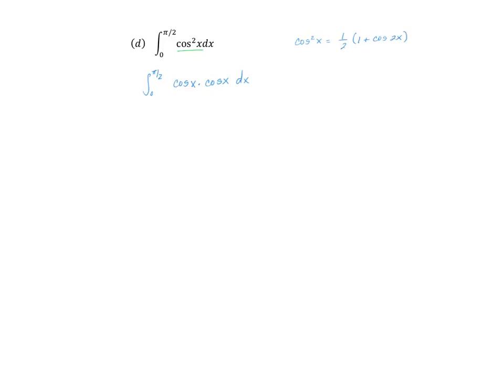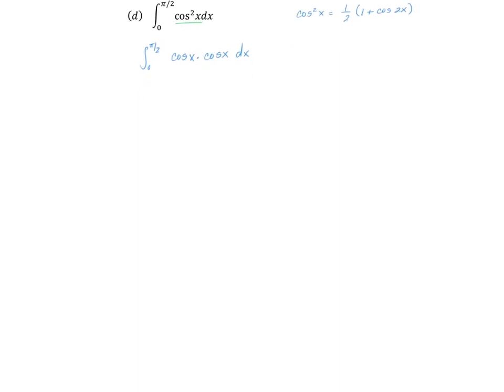So u substitution didn't help. I have to go back to using a trig identity to clean this up. So the integral from 0 to pi over 2 of 1/2 times 1 plus cosine of 2x dx.